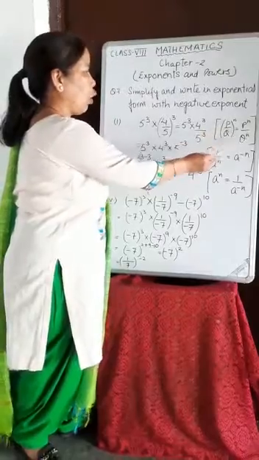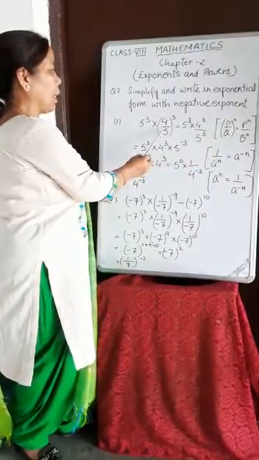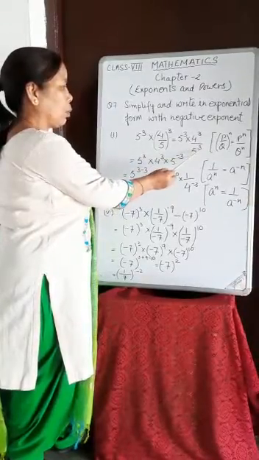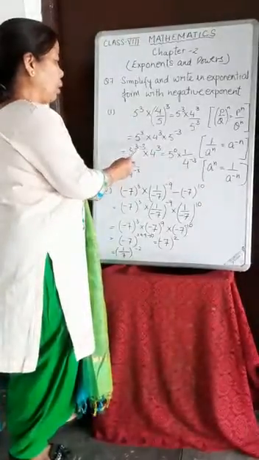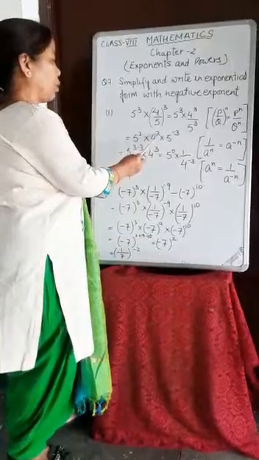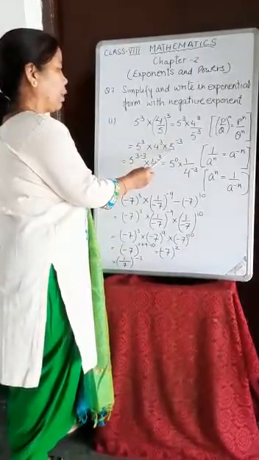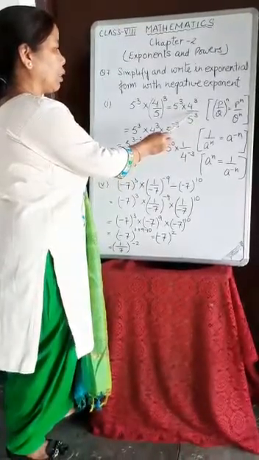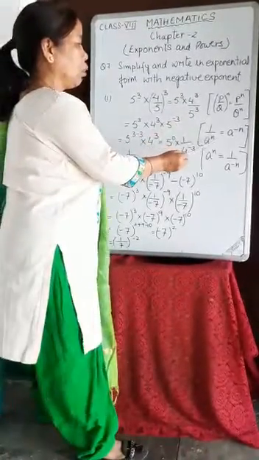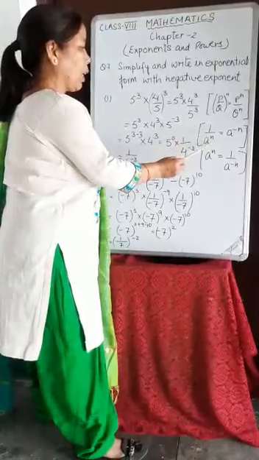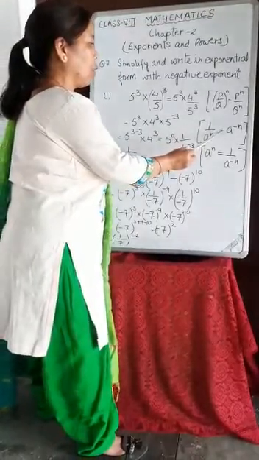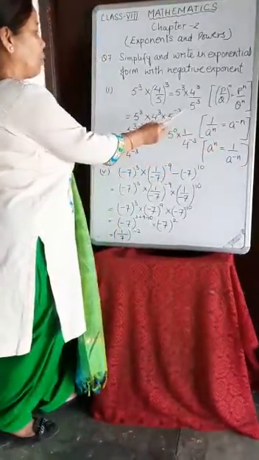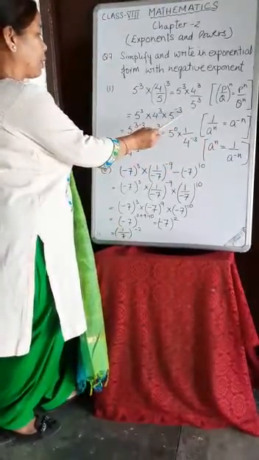Using this law, we will open this bracket and write 4 raised to the power 3 upon 5 raised to the power 3. 5 raised to the power 3 multiplied by 4 raised to the power 3 multiplied by 5 raised to the power minus 3, because this 5 raised to the power 3 is in the denominator, and as the rule says, 1 upon a to the power n is equal to a raised to the power minus n. So this 5 raised to the power 3 will change into 5 raised to the power minus 3.